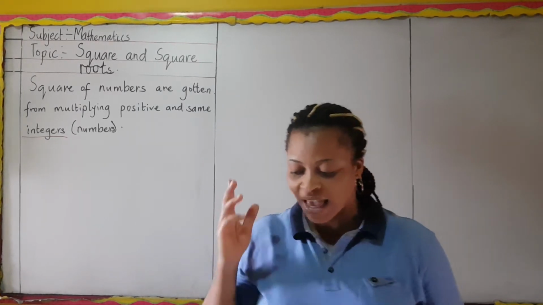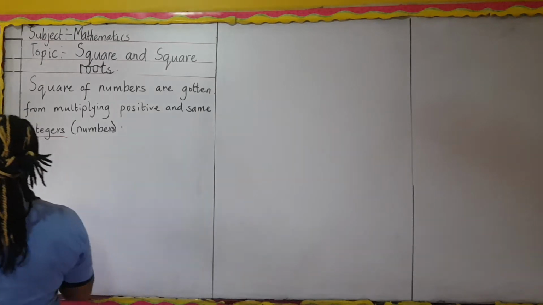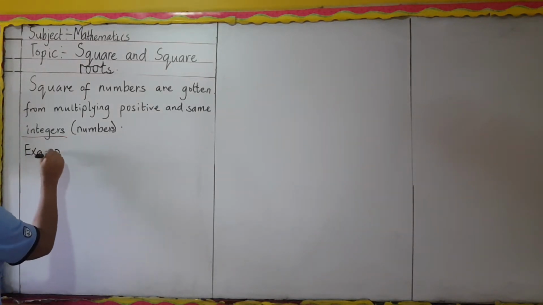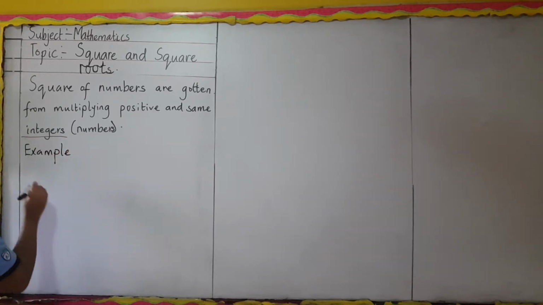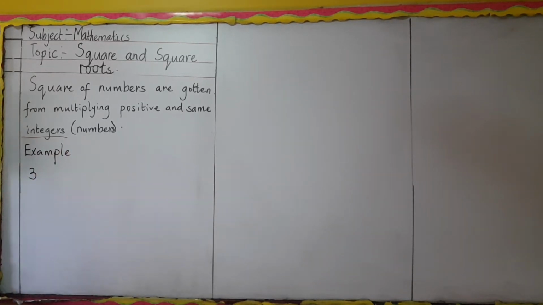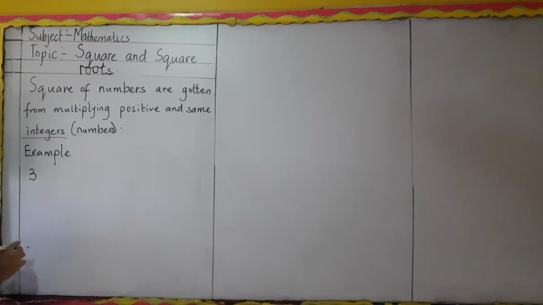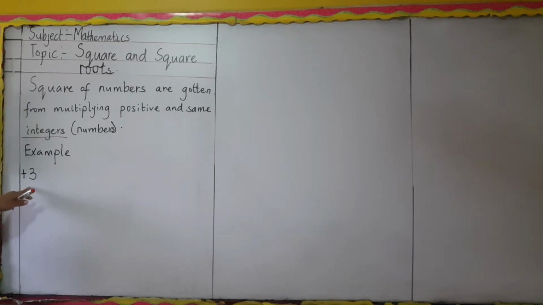And what do I mean? Example, we're going to look at this. I have 3. If I want to get a square of this number, 3 as it is on its own has a plus before it. That makes 3 a positive number.